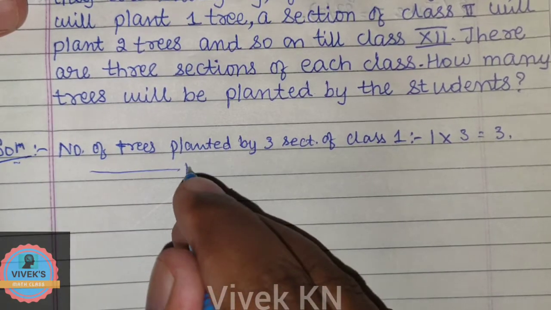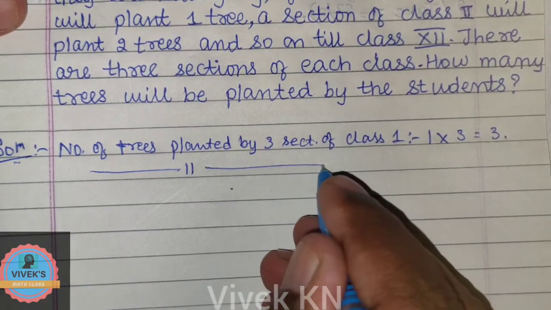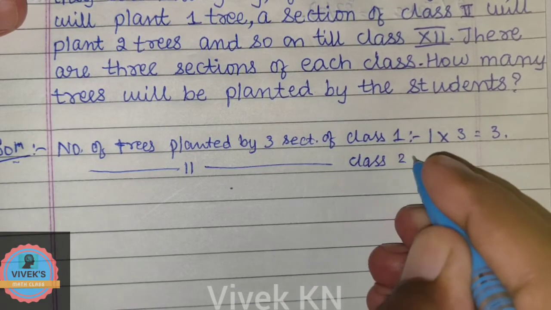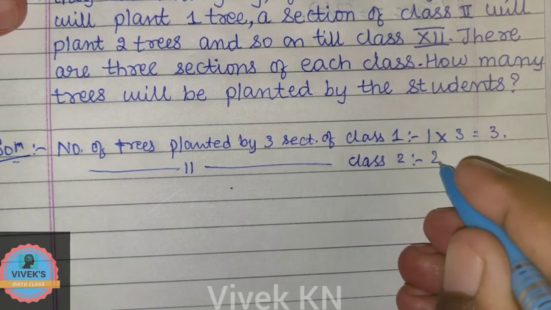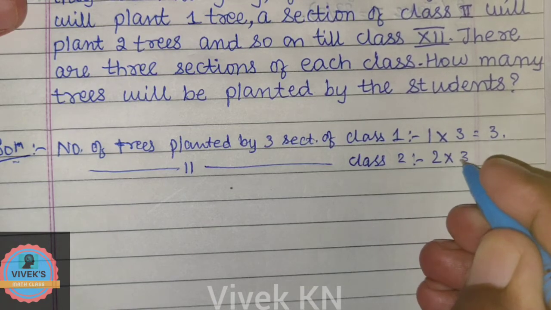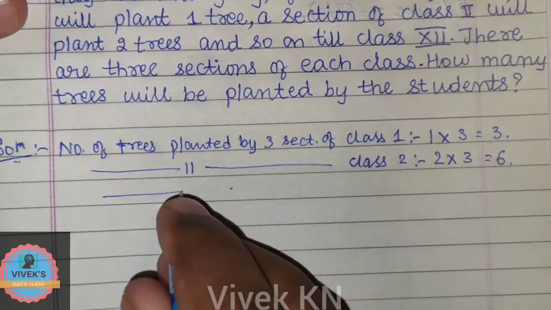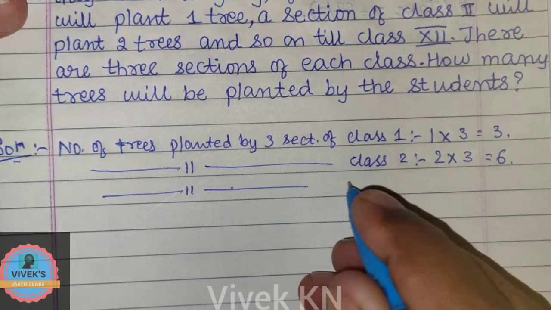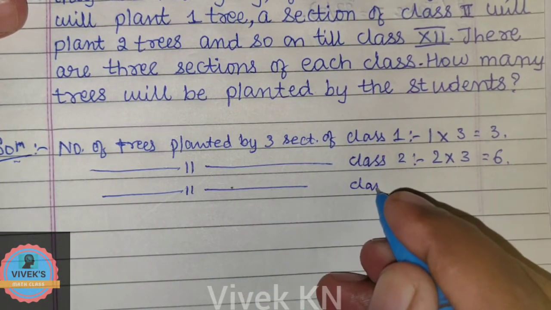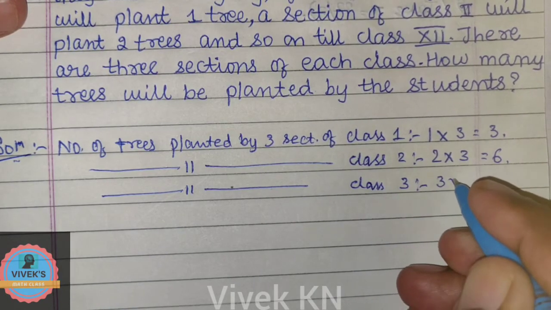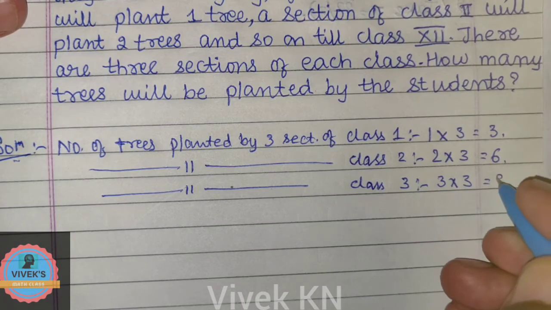Similarly, number of trees planted by 3 sections of class 2 is 2 into 3, which is equal to 6. Number of trees planted by 3 sections of class 3, that is 3 into 3, which is equal to 9.